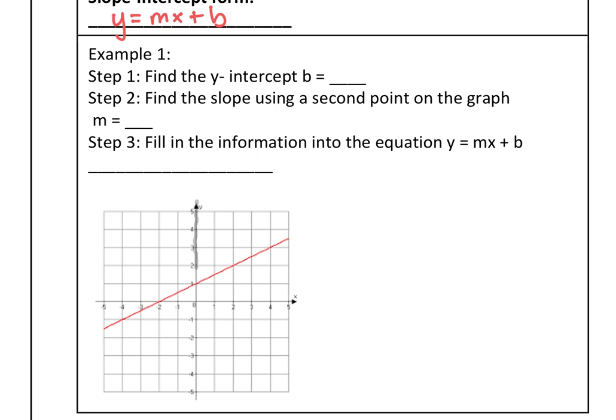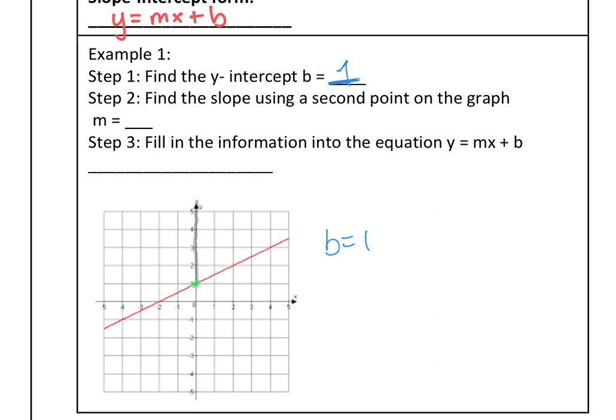And at what point, boom, right there, does our line cross this y-axis? What number is that? That's right. That's 1. So over here, we're going to write 1. So b equals 1. We'll put it up here. Okay, so that's step 1.